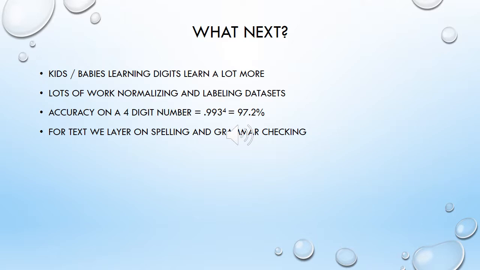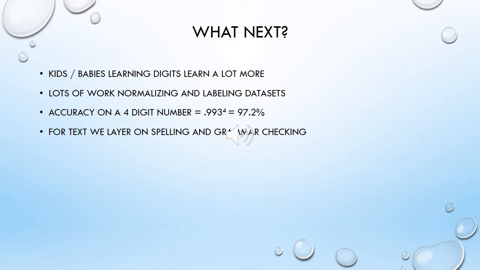The comparison between kids and babies learning and computers learning is not necessarily a valid one. When kids and babies are learning to read digits or recognize text, they're learning to focus, they're learning what to focus on, they're learning to see, they're learning to sit up straight, they're learning to hold their head the right way. So they're learning a lot more, and they gain a lot more context and value out of it than machines learning digit recognition.